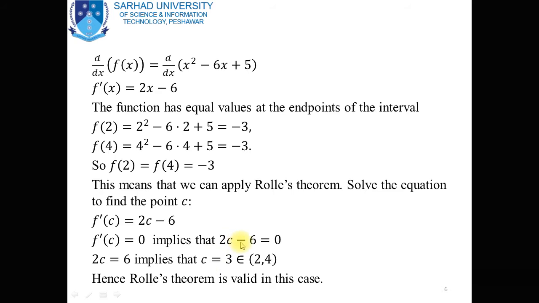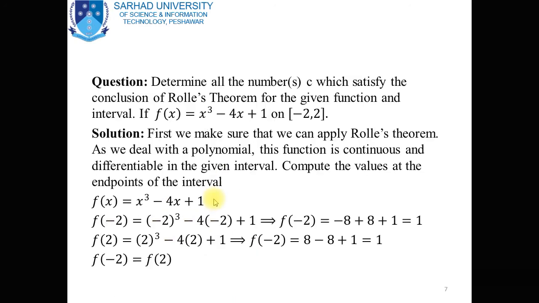Actually 2c minus 6 is equal to 0 can be written as 2c is equal to 6. Now dividing both sides by 2, we obtain c is equal to 3, and this c is equal to 3 belongs to this open interval. C value, which is equal to 3, is between 2 and 4. So hence the Rolle theorem is valid in this case for this function.